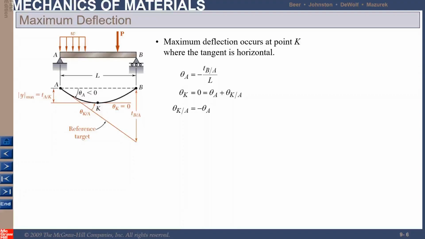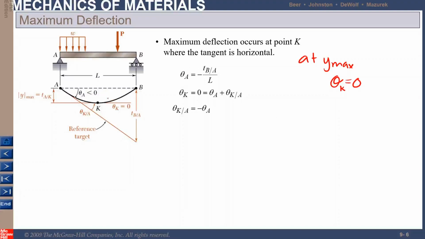At Y max, our theta will be 0, so theta K is equal to 0. We need to find the location of the maximum deflection before we can find the Y max.